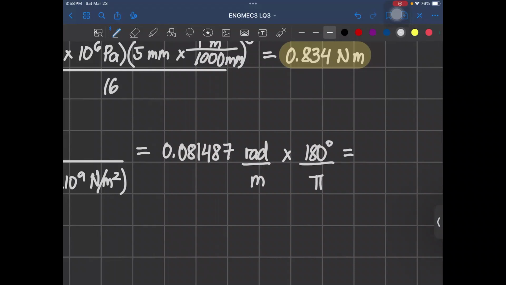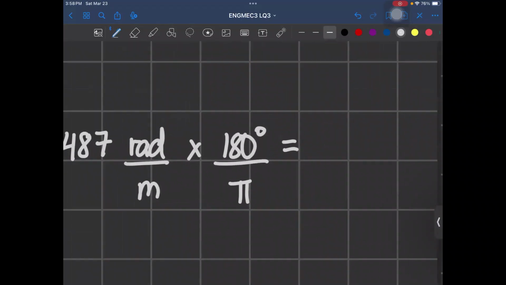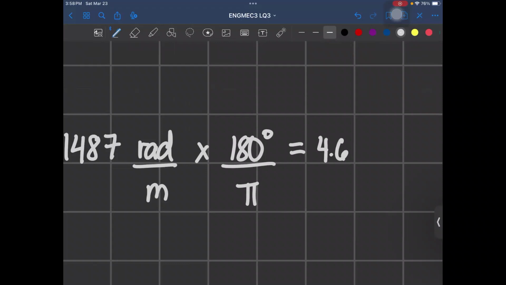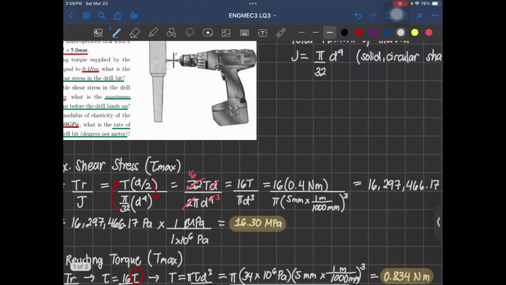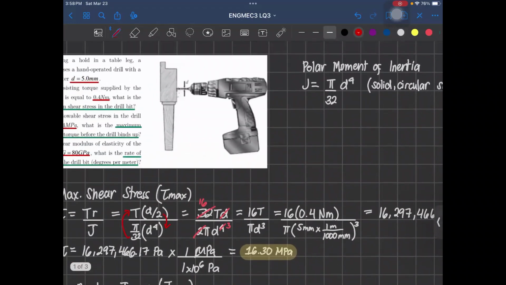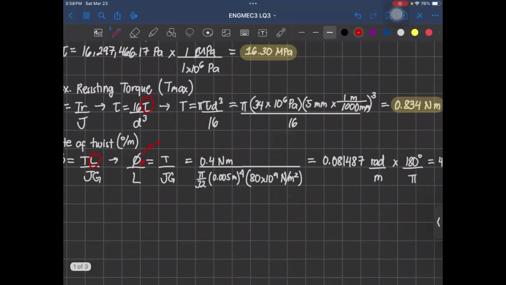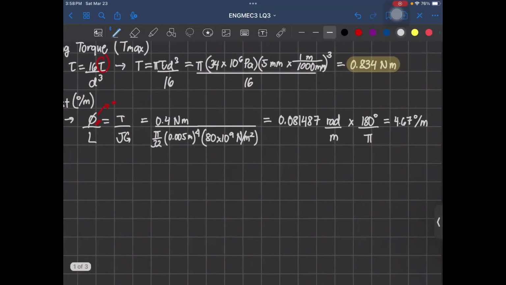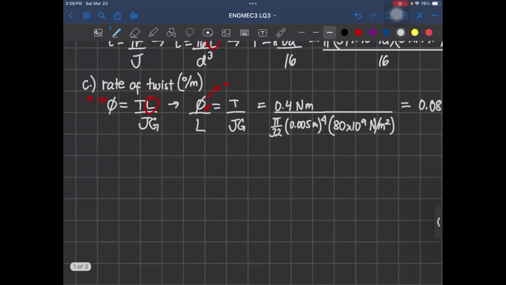So times 180 over pi, our answer would be 4.67 degrees per meter. And it's important to note that since the direction here is going to the left, we also have to include it in our final answer. So let me just place it here instead. The angle of twist is 4.67 degrees per meter to the left.